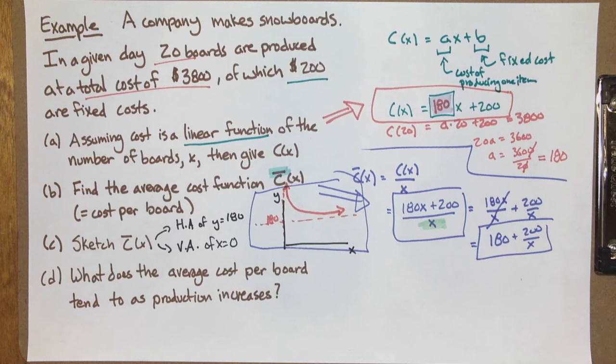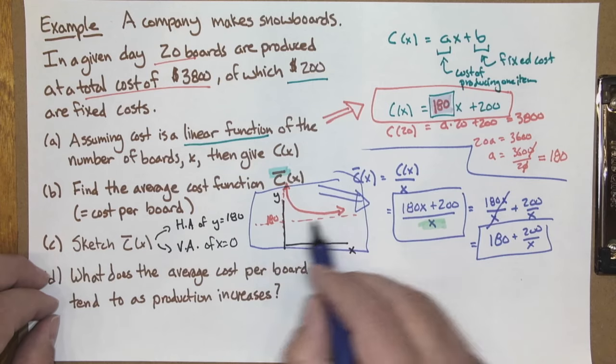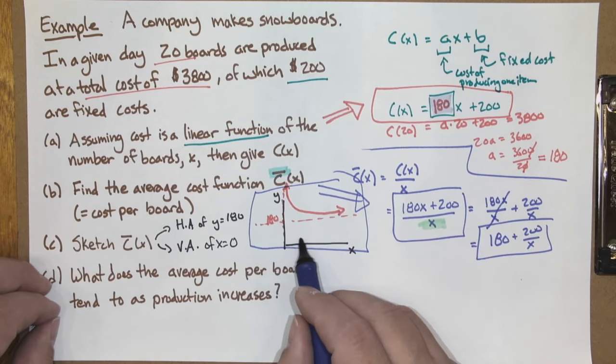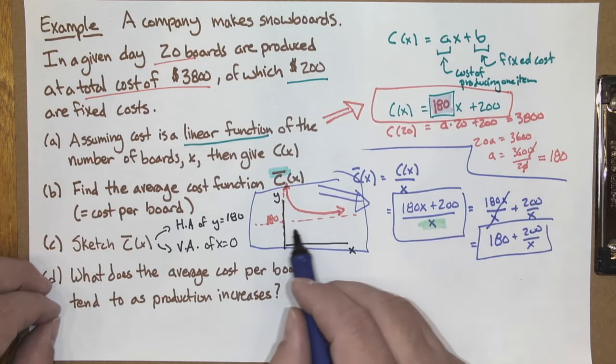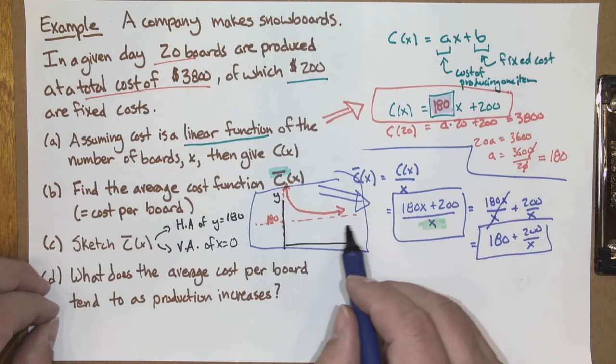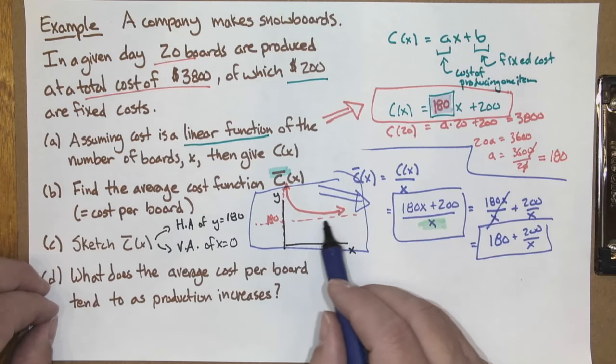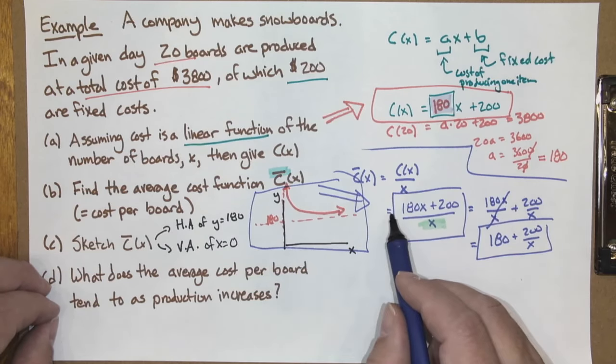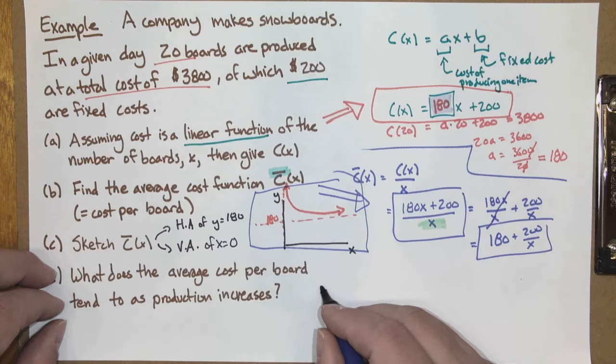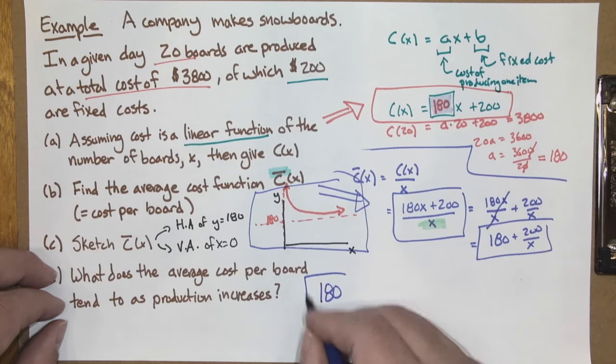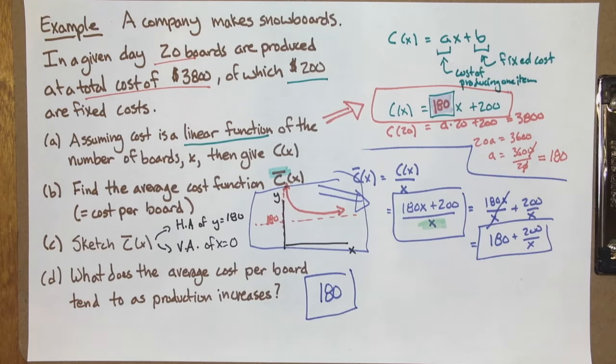What does our average cost go to? So your average cost function is here. What is your average cost going to? It's going to your horizontal asymptote. It's going to 180. Now, does that make sense?